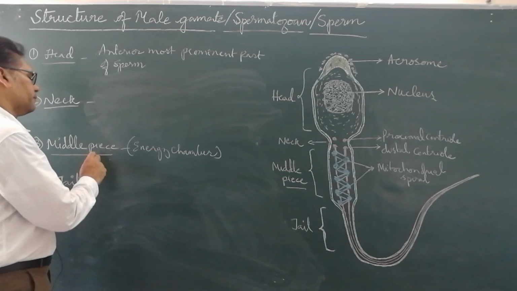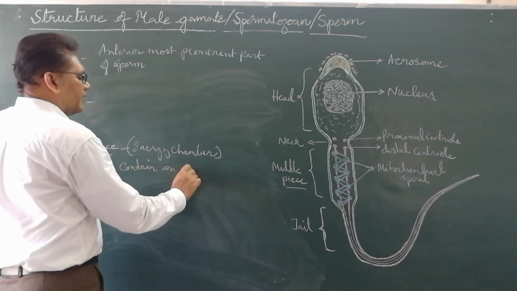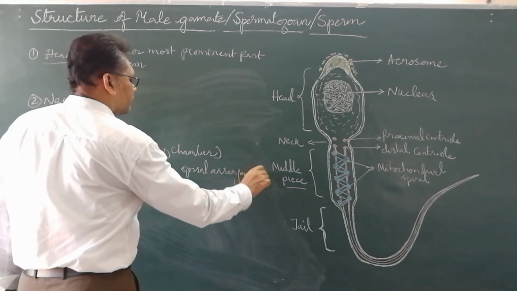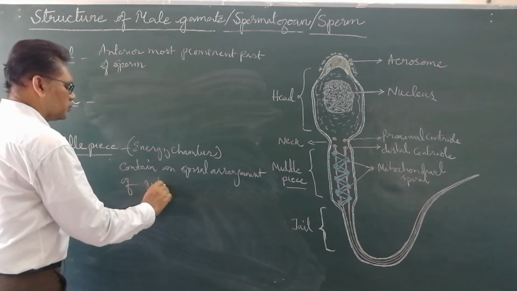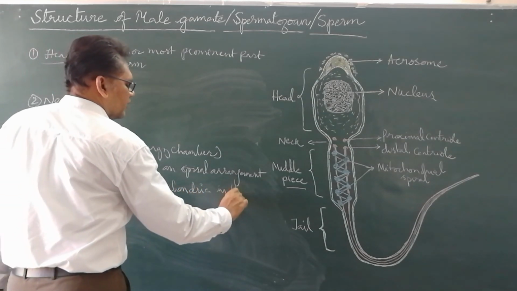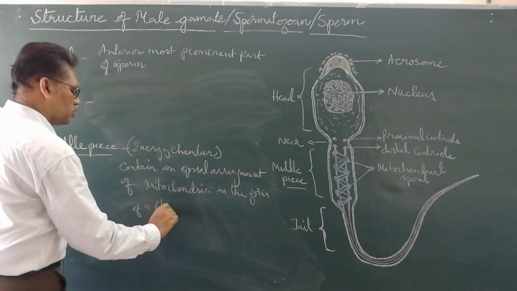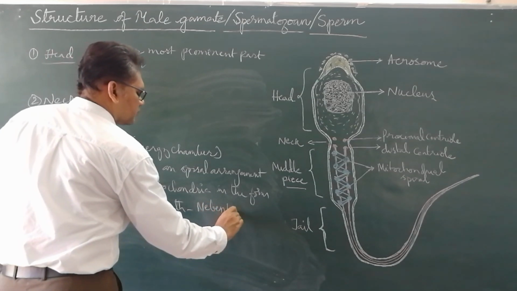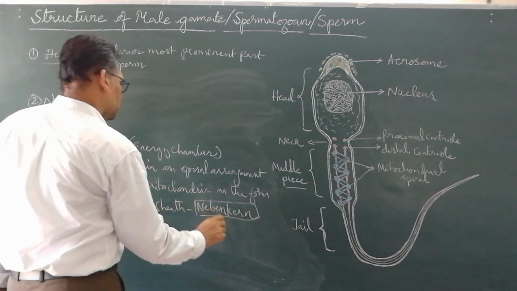The middle piece contains a spiral arrangement of mitochondria in the form of a sheath. This is called the Nebenkern.